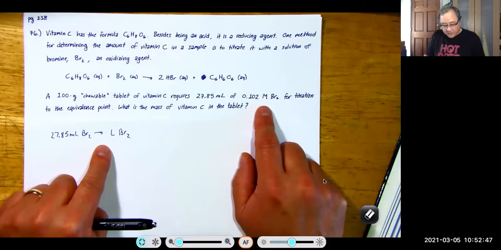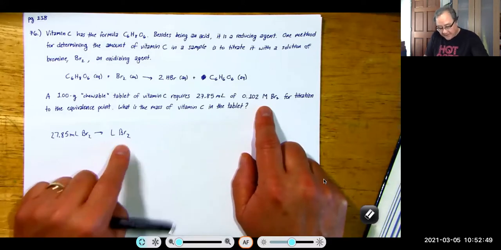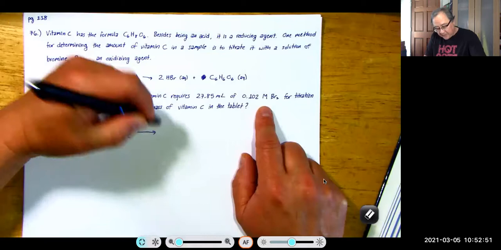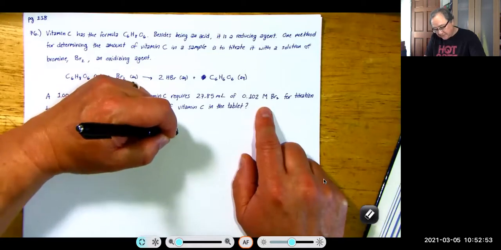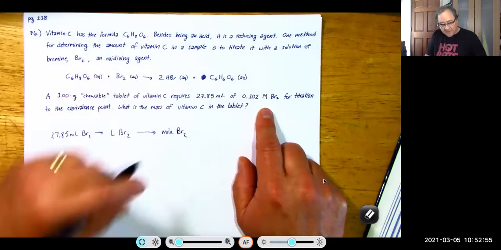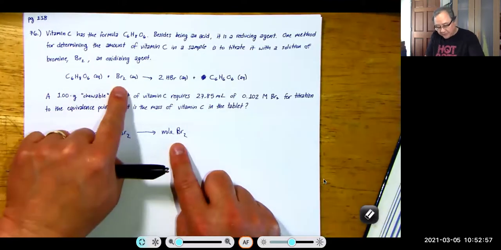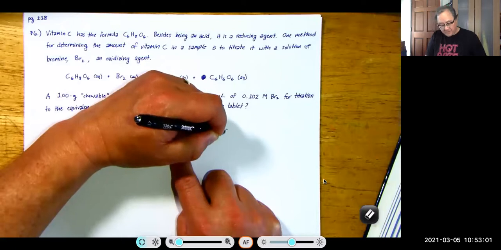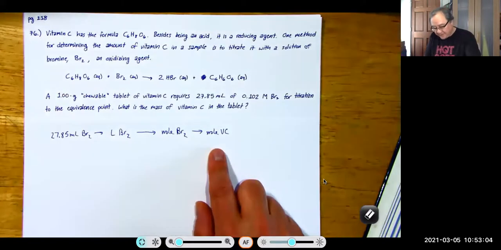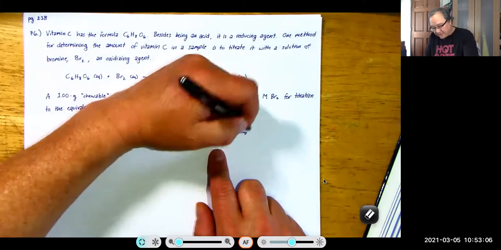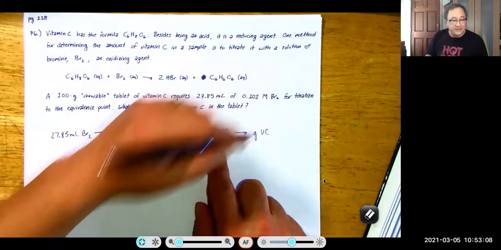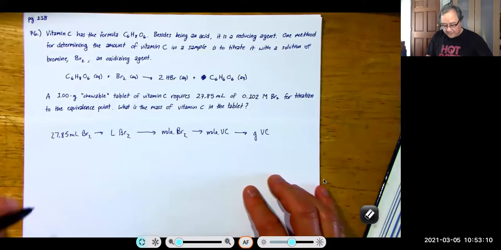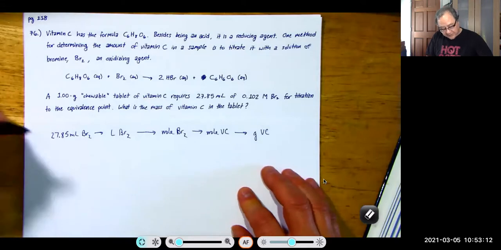So if that's moles per liter, I want liters of bromine. Then I can use the molarity to get the moles of bromine. And then from the balanced reaction, I can get the moles of vitamin C. So that's vitamin C right there. And then I can get the grams of vitamin C using the molar mass of vitamin C. So let's go about doing this.